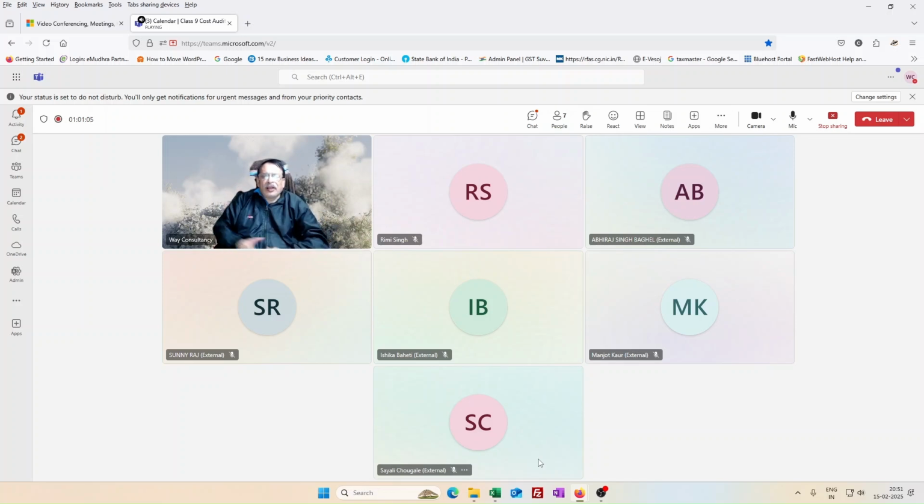Similarly, in the case of our costing terminology, value addition means what value the company added through his product or services. Value addition to the nation.